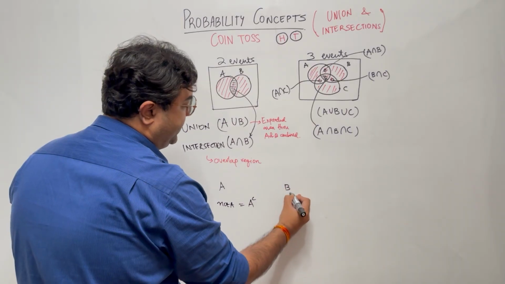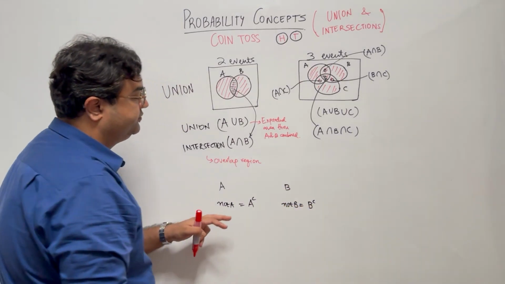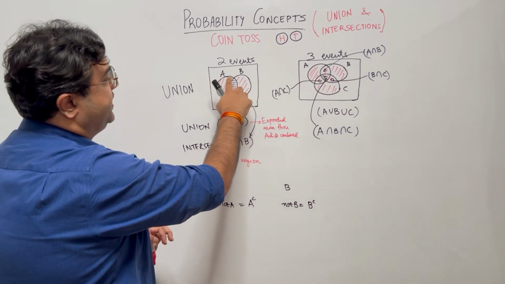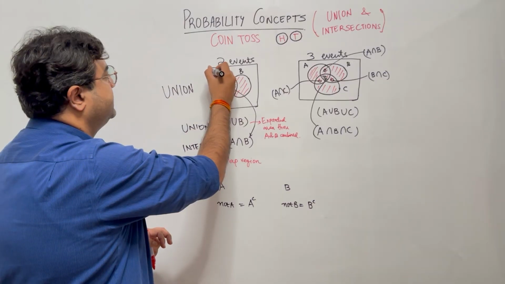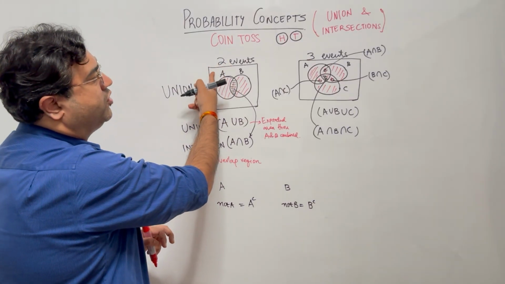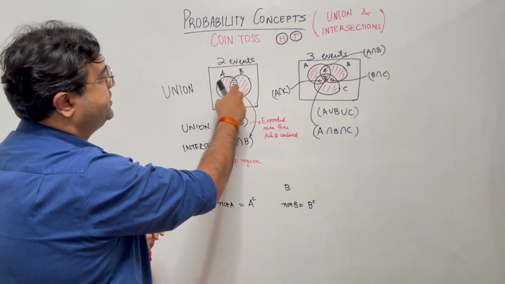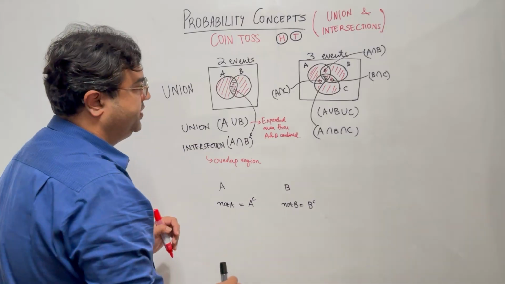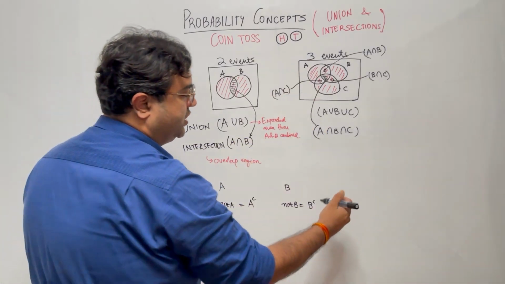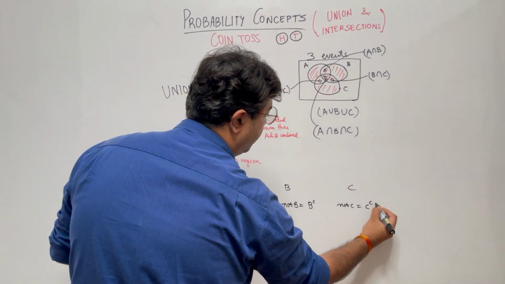Similarly, there is a B and then there is a not B, which is B complement. Apart from this A, everything outside of this region is A complement. Anything which is not A is called A complement. Anything which is not B is called B complement. Similarly here also, there is a C, and anything which is not C is called C complement.